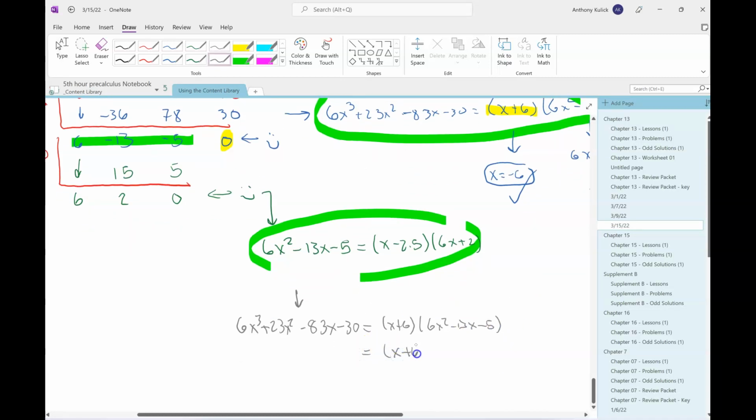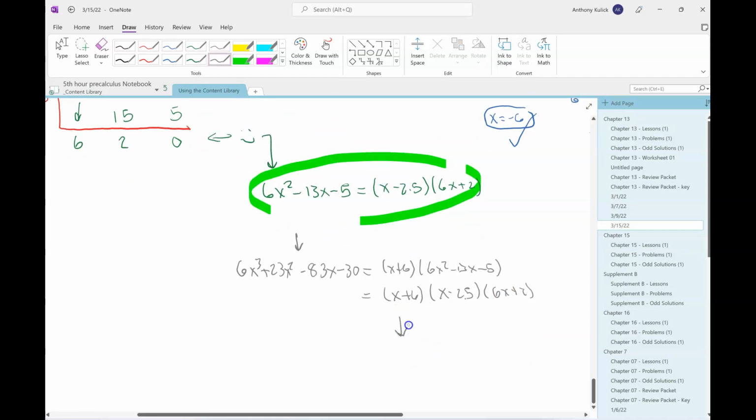And then we can say from the second step that 6x squared minus 13x minus 5 is x minus 2.5 times 6x plus 2. And then if we set each of these pieces equal to 0 and solve, we're going to get those same 3 zeros. So negative 6, 2.5, and negative 1/3.